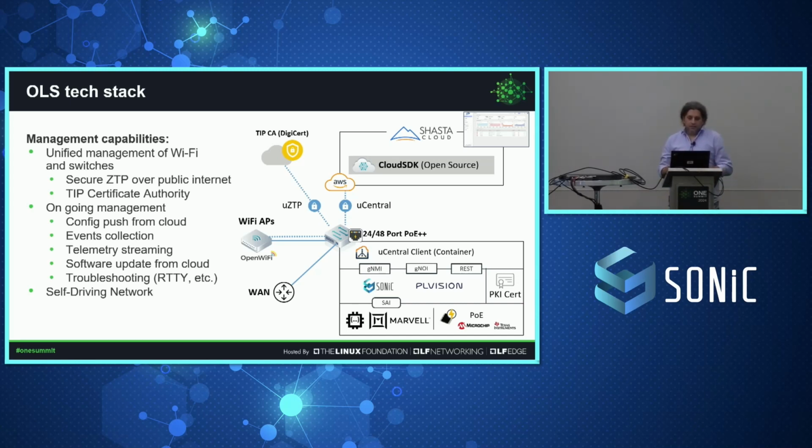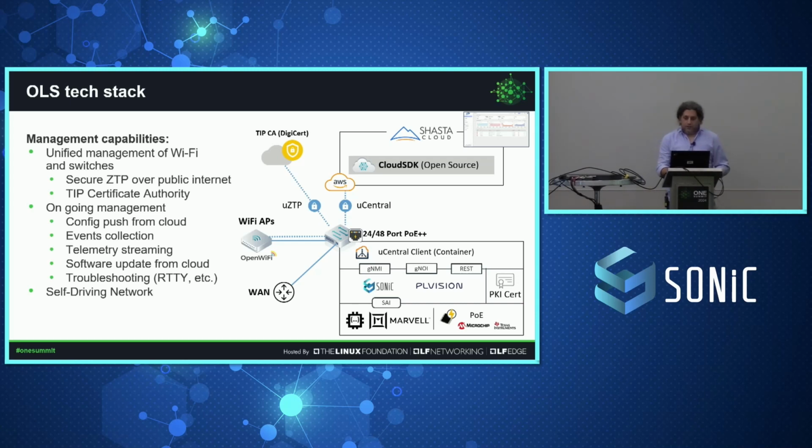It does that using the OpenLAN uCentral scheme, which is a scheme defined to manage the wireless devices. And above it, in the cloud, for example, you have the Shasta cloud, which has the client or the server side that connects to those switches, configures them, and displays all the information. And Taras will show that as we go.